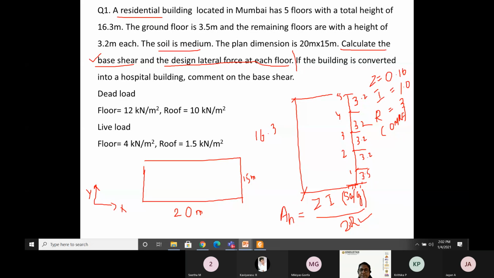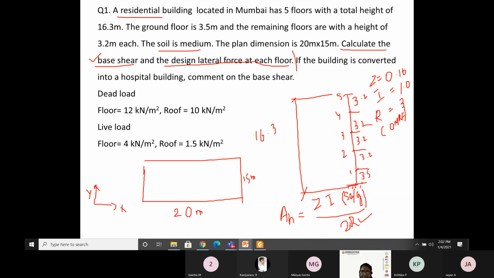Please read the last sentence of this question. If the building is converted into a hospital building, comment on the base shear. Same building, it was a residential building. Now, if this is converted to a hospital building, comment on the base shear.